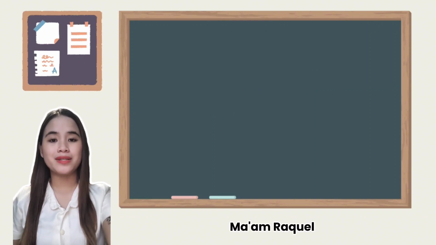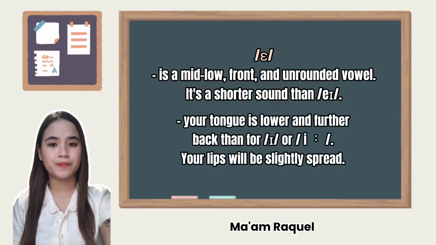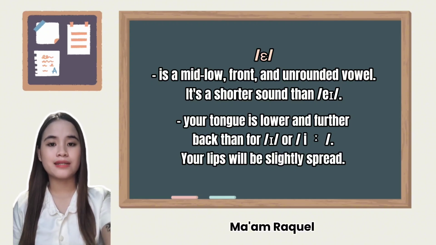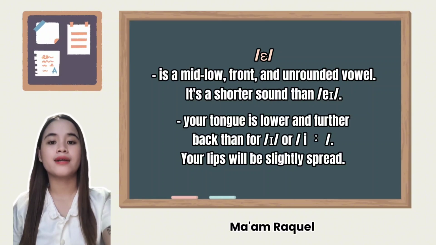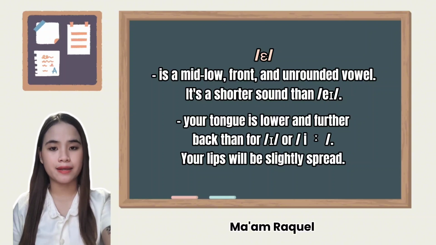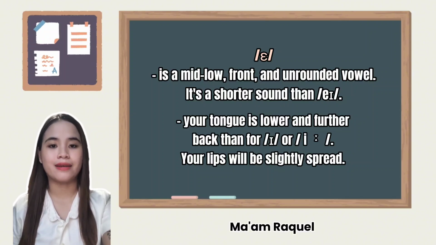The second vowel sound is ɛ. Repeat after me. ɛ. Again. Very good. This sound is a mid-low front and unrounded vowel. It's a shorter sound than æ. Your tongue is lower and further back than for eɪ or ɪ.